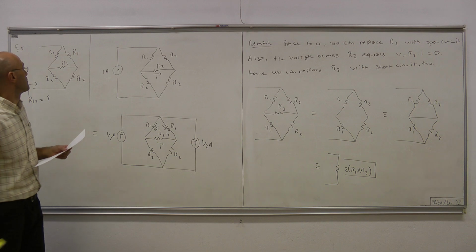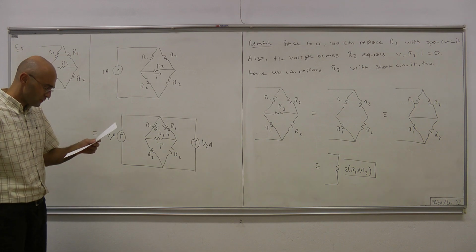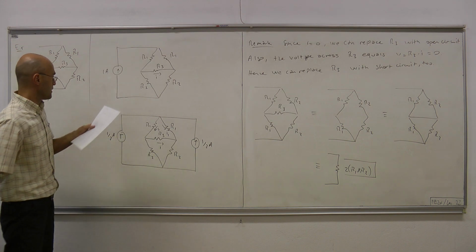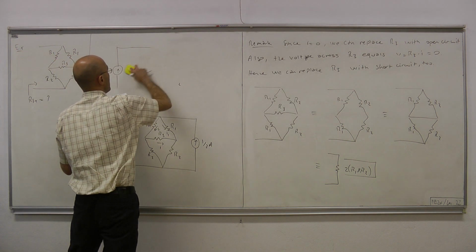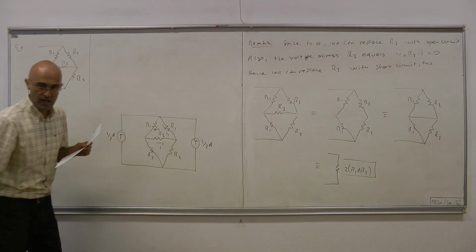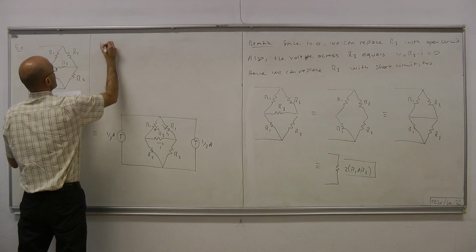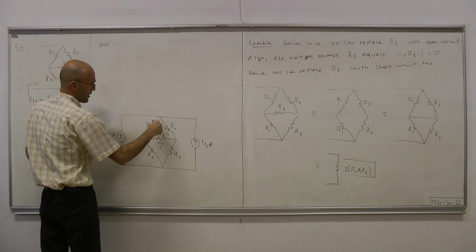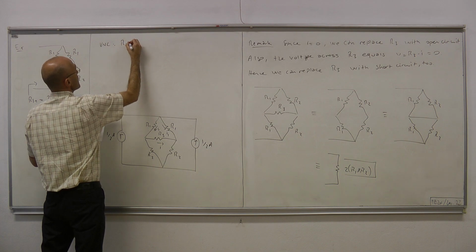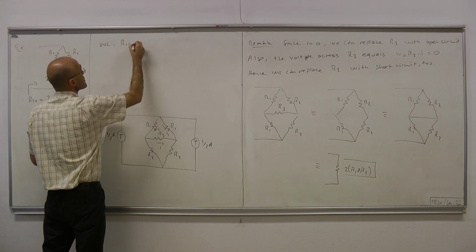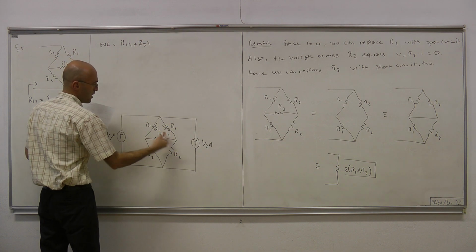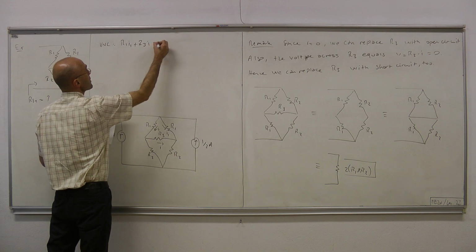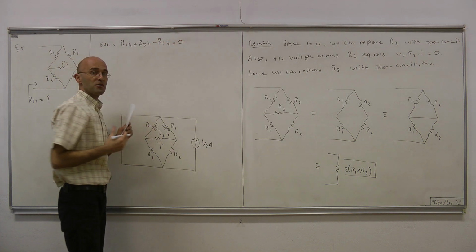Why is that? Let me write KVL. KVL in this loop implies that we have R1 I1 plus R3 times I, and then plus this voltage, which is minus R1 I1, must equal 0.